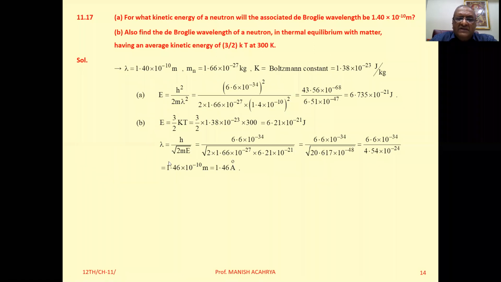Once you get the energy, then we have the equation for lambda in terms of energy, that is h upon under root 2mE. So substitute the value of h, then mass of neutron, and the energy which we calculated here. And then solve it, you will get the de Broglie wavelength associated with it. Clear to all of you?